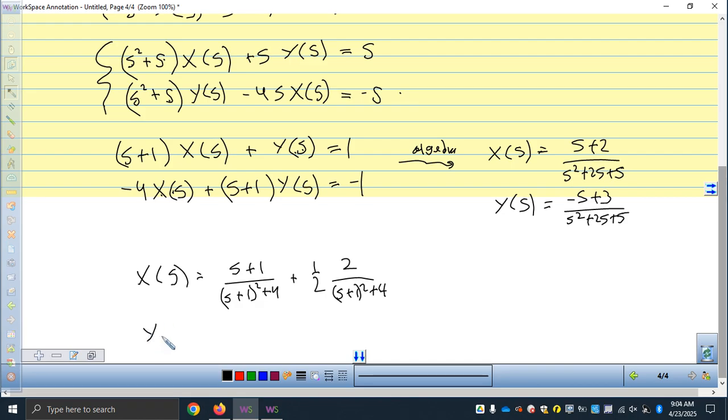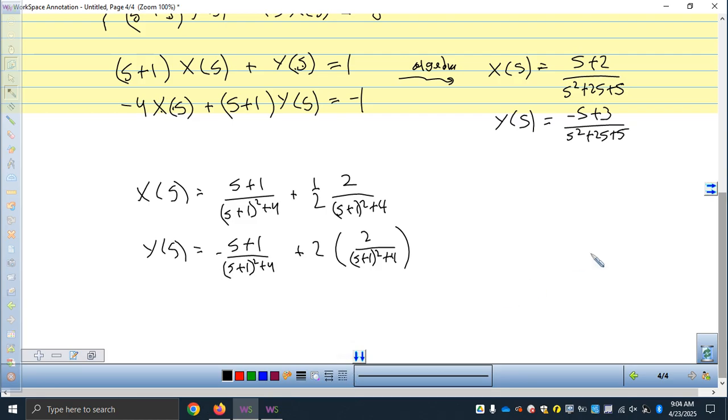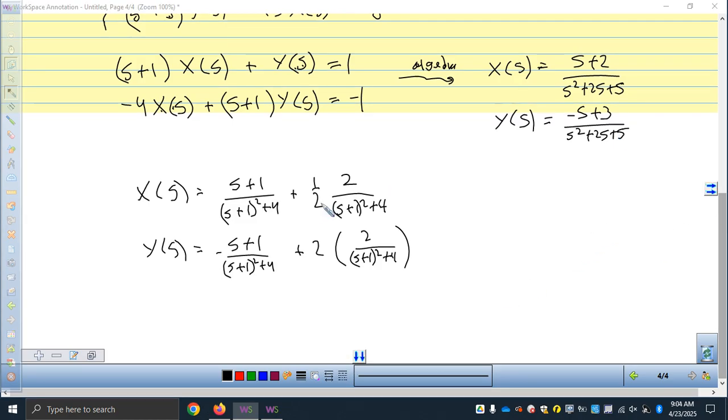And y of s equals negative s plus 1 over s plus 1 squared plus 4 plus 2 times 2 over s plus 1 squared plus 4. And I'm going to say this comes from, not from partial fractions, but from fixing up our constants so that we have the shift compatible in each one. So we have a shift of s plus 1 in each term.